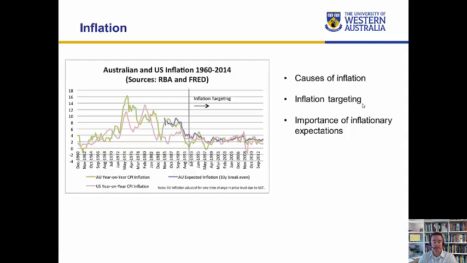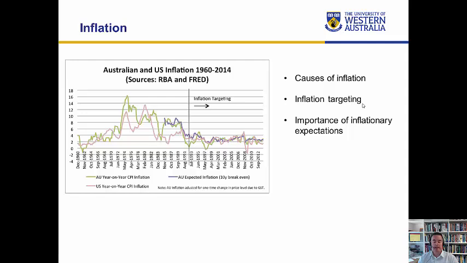Some countries have a target of 1 to 3%. I think I remember seeing one country had a target of 0 to 3%. So it varies country by country, the actual numerical band, what those upper and lower limits are. But in Australia, 2% is the lower limit, 3% is the upper limit.